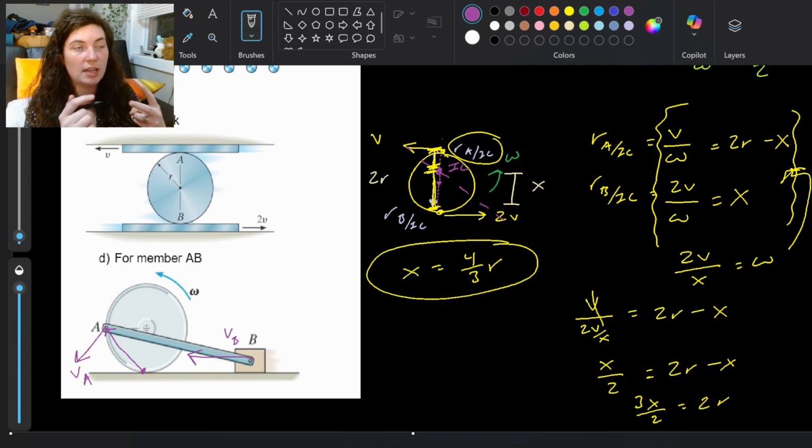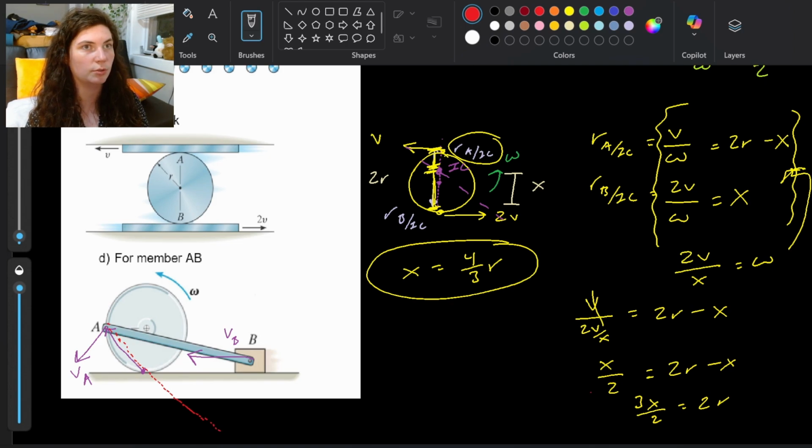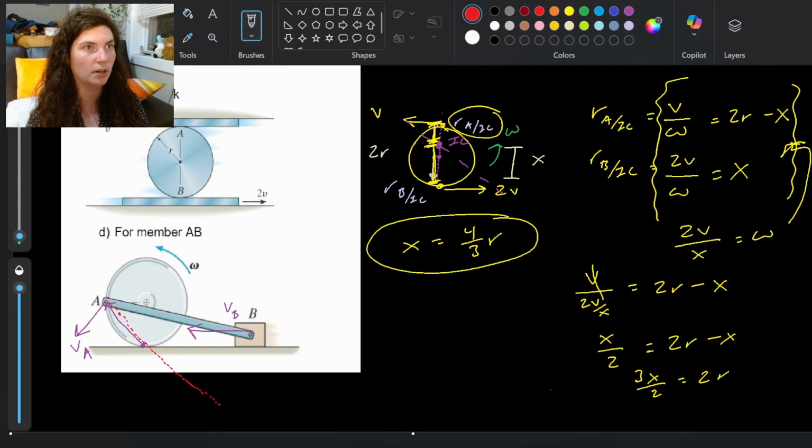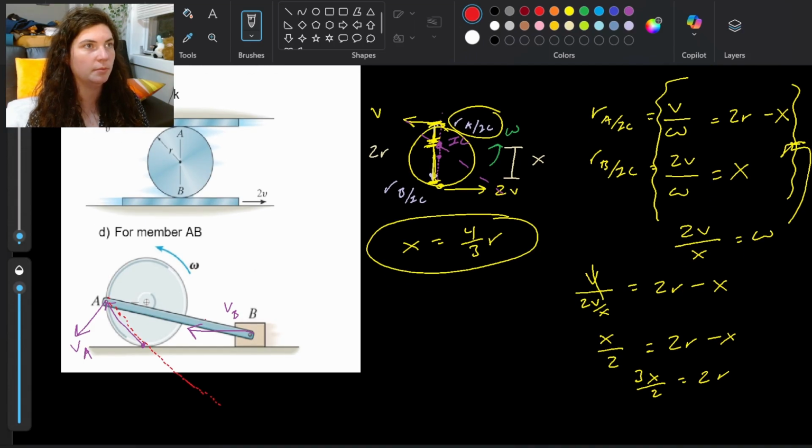We have two velocities again, VA and VB, and we're just going to find where those perpendicular radii, those perpendicular position vectors, intersect. So I'm going to come out perpendicular from VA. It passes through that same instantaneous center of zero velocity of the disk itself, but comes all the way, and I seem to have run out of room here. Give myself a little more. There we go.